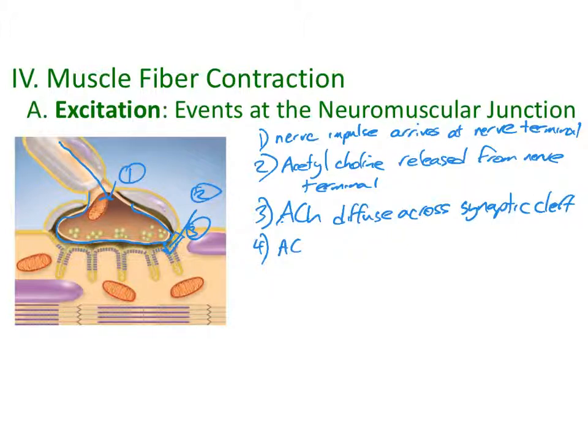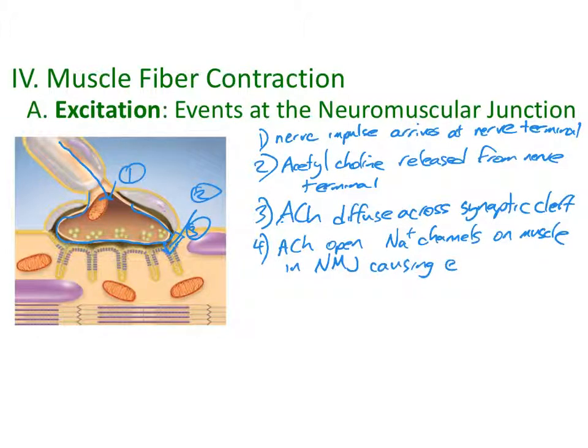So acetylcholine opens sodium channels on muscle fiber within the neuromuscular junction, causing the end plate potential, which is the muscle-specific version of a graded potential. So that will be happening down here.